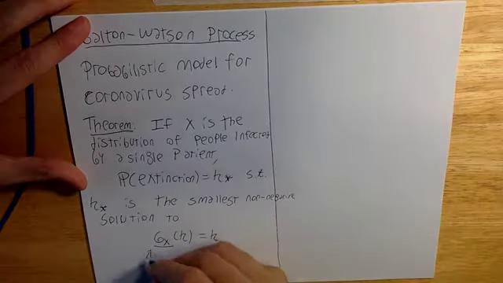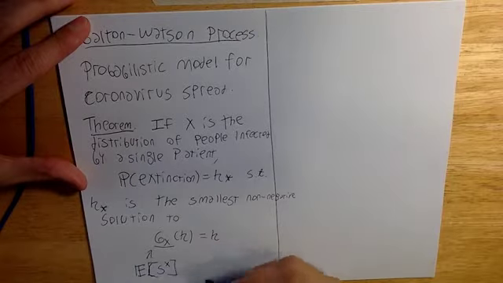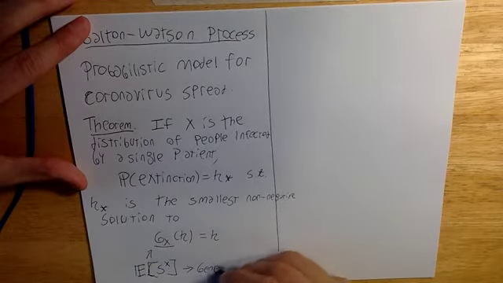And g of X is the expectation of s to the X. Okay, and this is the generating function.